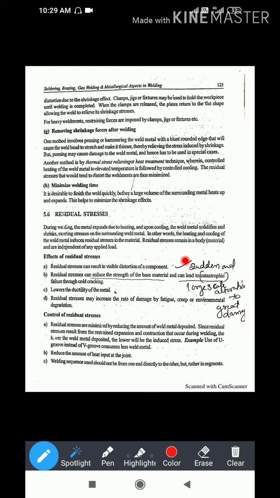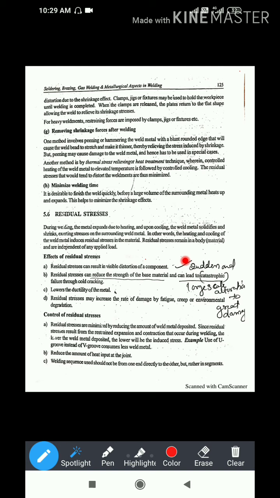What is happening? Initially, when you are scrapping that paper in your hand with pressure, you are applying a compression stress on that paper. Once you hold the scrapped paper in your hand, the compression stresses are residual. Residual means they are inserted in that paper; the stresses are made to stay in that paper.